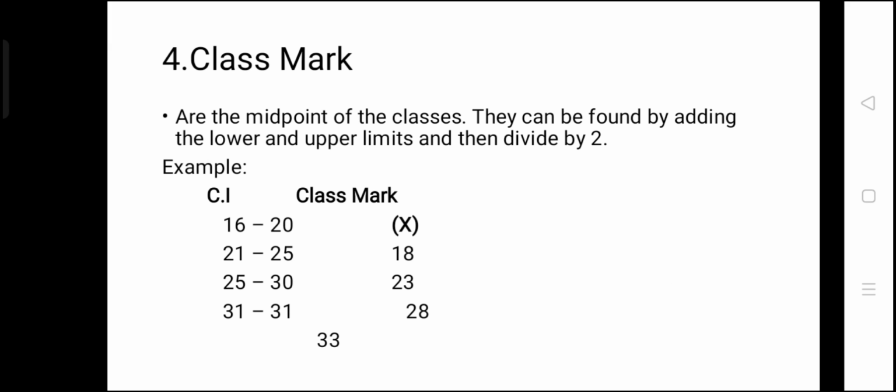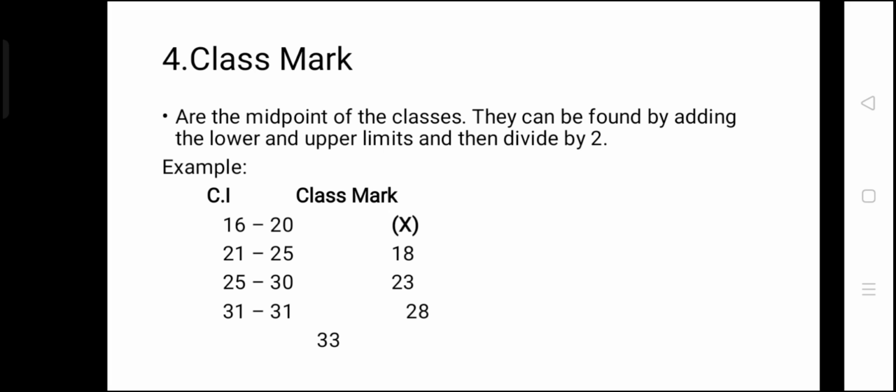Next, class marks are the midpoints of the classes. They can be found by adding the lower and the upper limits then dividing by 2. So we have the class intervals 16 to 20, 21 to 25, 26 to 30, and 31 to 35.